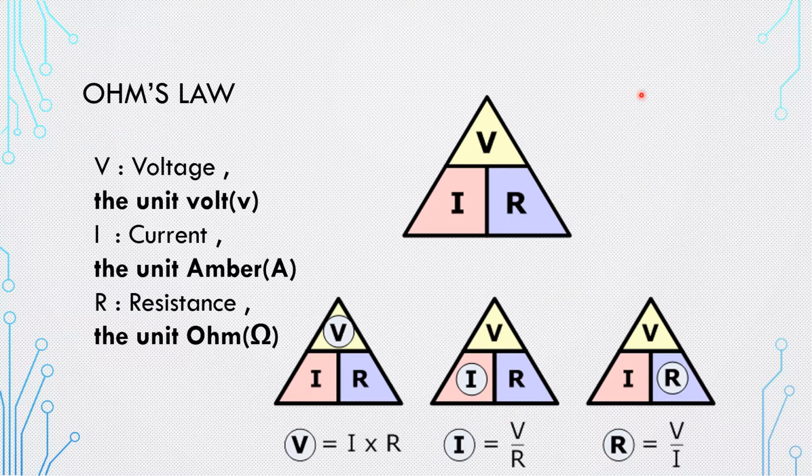So this is the basic triangle that you have to know in order to find the desired quantity based on your given information. So if you're given voltage, current, then in this case you are able to find the resistor by looking at this triangle. It's very straightforward, it's very simple, as long as you understand this triangle and how to find what you want.